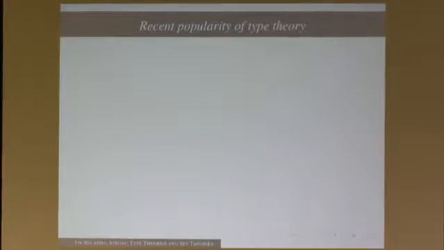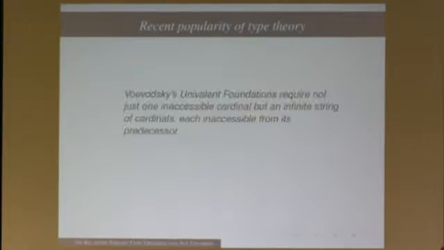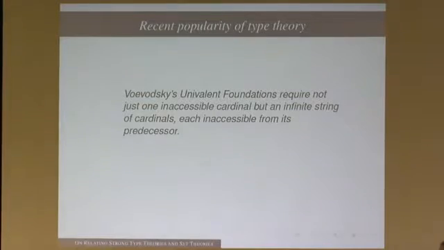Yeah, probably you all know that recently the popularity of type theory has risen a lot. So here's a quote. "Voevodsky's univalent foundations require not just one inaccessible cardinal, but an infinite string of cardinals, each inaccessible from its predecessor."